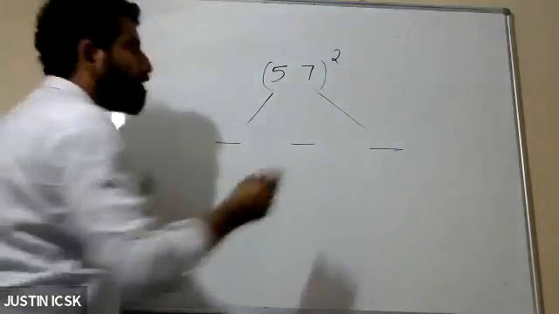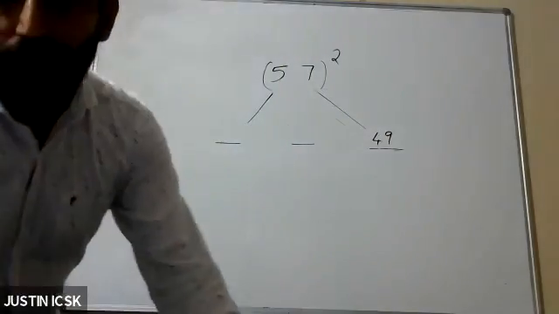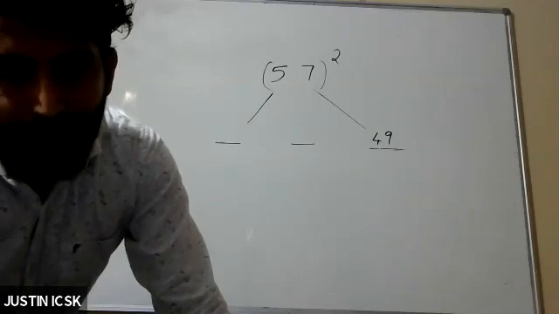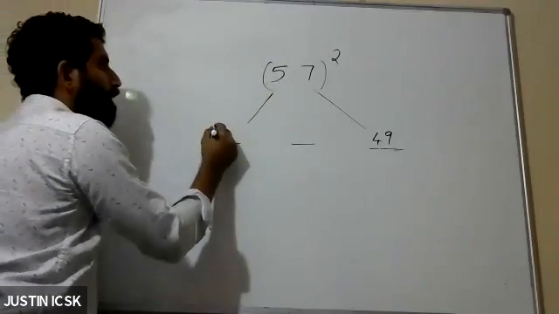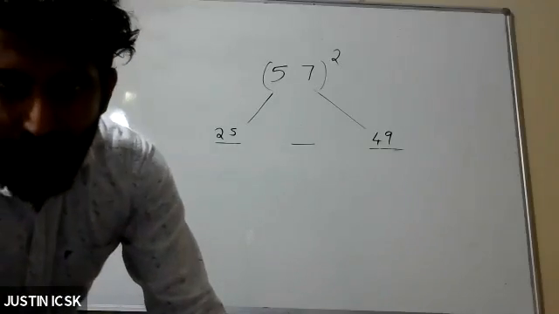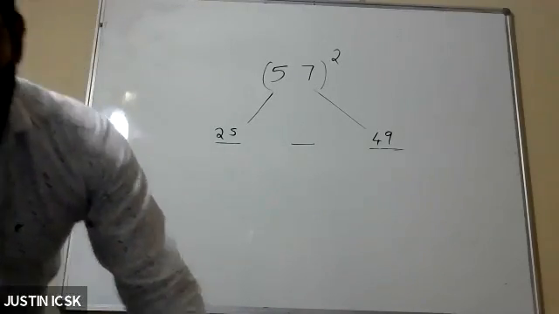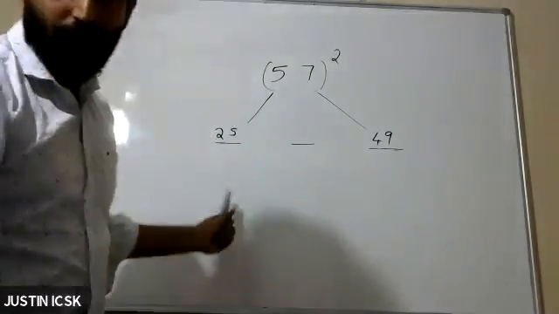You know 7 square is 49. Here 5 square. 5 square is 25. So last number square, first number square.